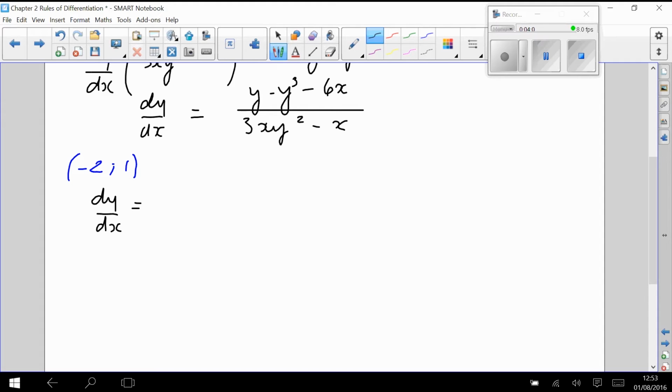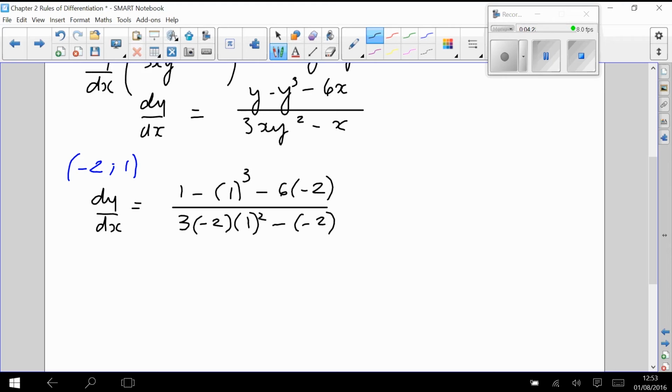So the derivative at the point minus 2, 1 is going to be 1 minus 1 cubed minus 6 times minus 2, all over 3 times minus 2 times 1 squared minus minus 2. And if you work this out on your calculator, you're going to get the gradient of your tangent. The gradient of my tangent at this particular point is minus 3.